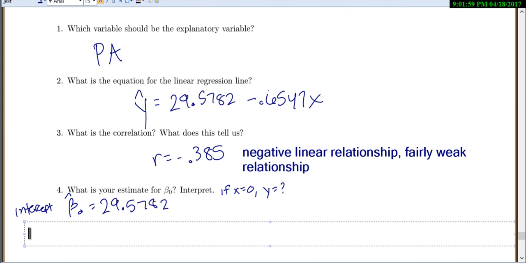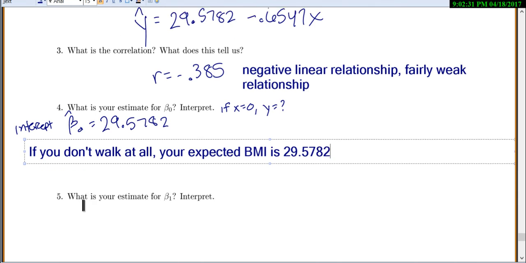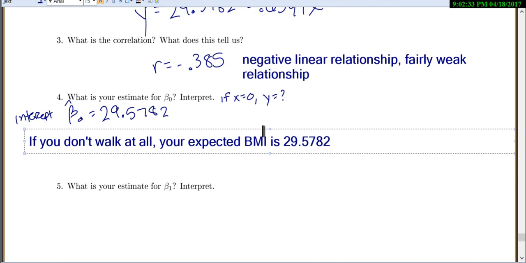So in our case, this would be if our physical activity is 0, or in other words, if you don't walk at all, because PA is number of thousands of steps, then your expected BMI is 29.5782. I guess this may or may not be practical. There are some people that don't walk, and maybe that is their expected BMI. But remember, our intercept doesn't always have to be very practical, but our slope is. Our slope is what we really care about.